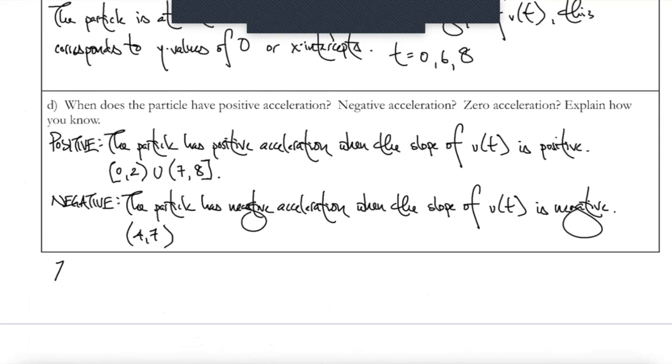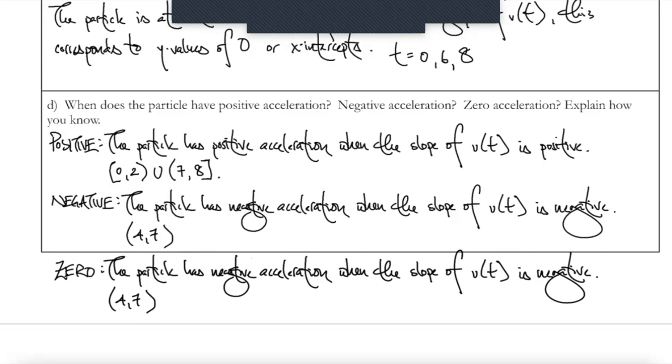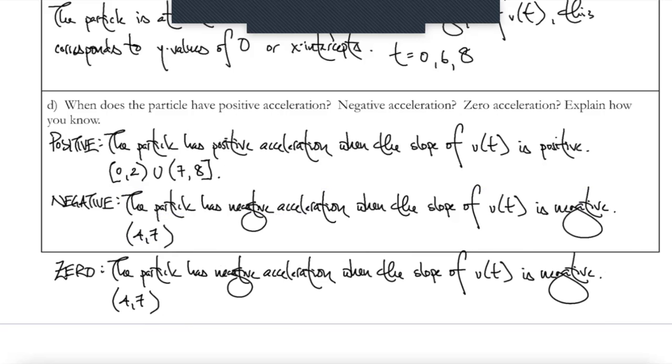And then if we wanted to look for where there is 0 acceleration, we could grab one of our sentences from above and modify this. So a particle has 0 acceleration when the slope of velocity is 0.